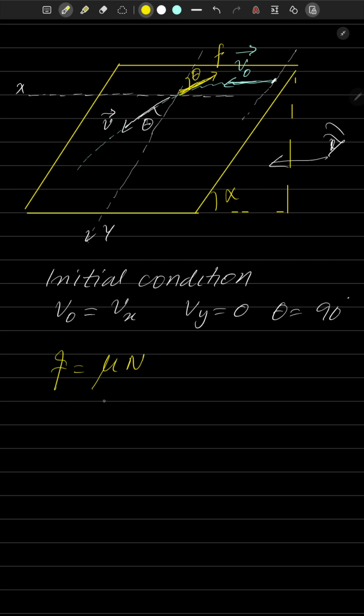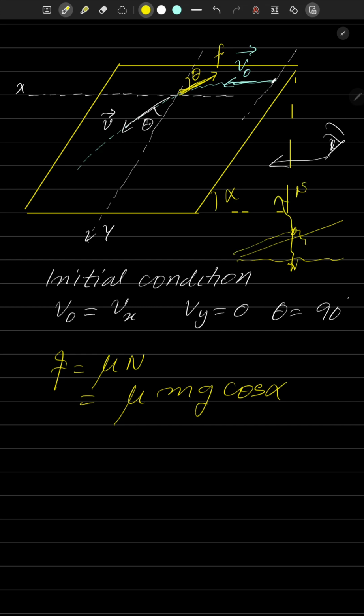You know that in this case we have mu, and N is balanced with the contact force, mg cos alpha, as you know already. In inclined problems, the contact force is always provided as mg cos alpha.